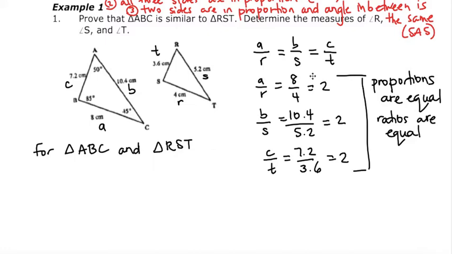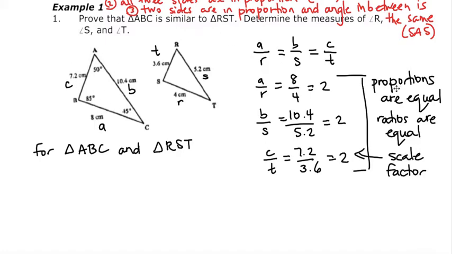Right? So we know that triangle ABC is twice as large as triangle RST. So this 2 right here is our scale factor. And the scale factor just tells us how much larger or smaller one triangle is compared to the other one.